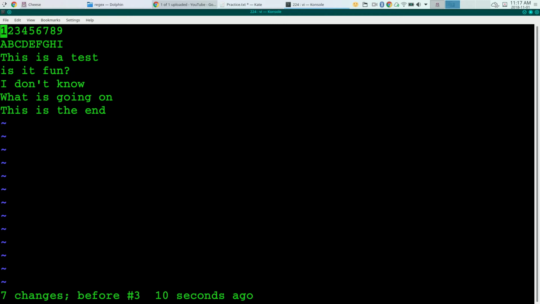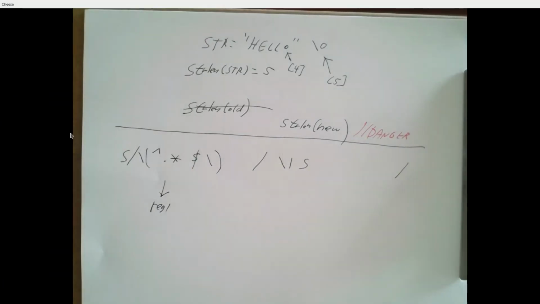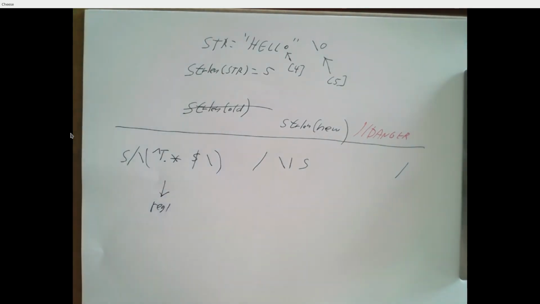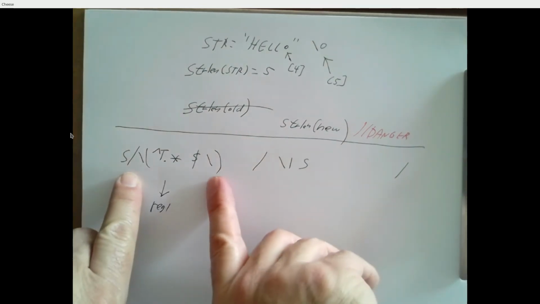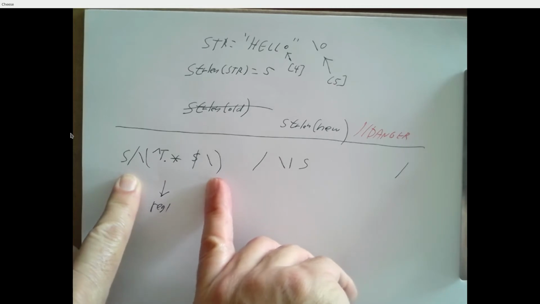But if we want to only do this on lines that start with a T, we've got to make this pattern a little more interesting. So let's throw a T in the beginning. And now if your line doesn't begin with a T, this pattern will not match. It won't do the substitution, so it'll leave the line unchanged.